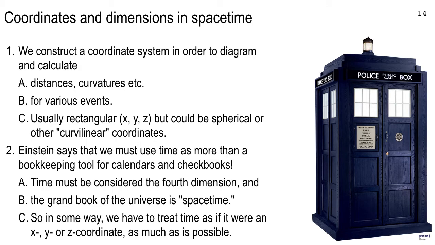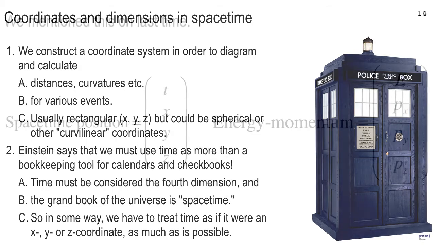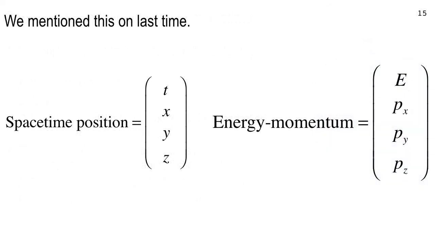We talked about how the space-time position of an object requires 4 numbers: the time, the x, the y, and the z coordinates. Those are the 4 dimensions of space-time. Therefore the dynamical quantity that corresponds to that is the energy and then the 3 components of the momentum: the x momentum, the y momentum, and the z momentum, if there's any.